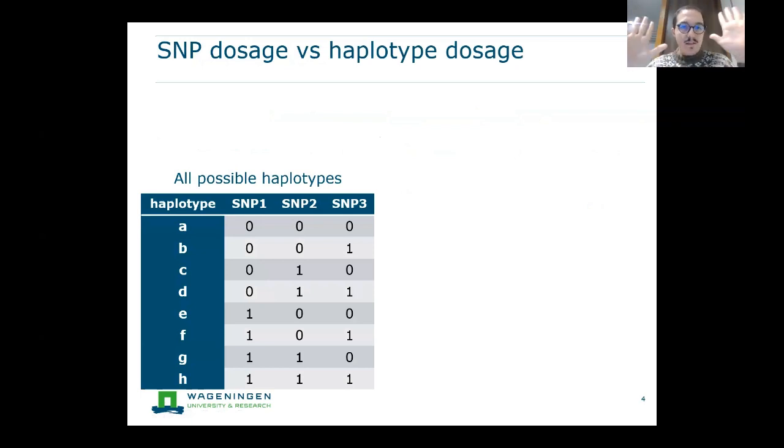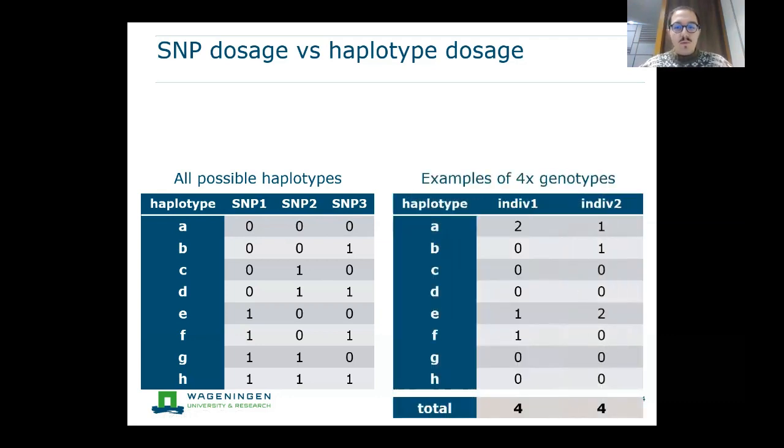So let me tell you a bit about the basic principle of Polyhaplotyper. It starts by looking at a group of SNPs, and let us imagine that we have 3 SNPs. In these 3 SNPs, there's a total of 8 possible combinations of states of these SNPs that make 8 possible haplotypes. But when we look at the genotypes, we don't observe the haplotypes. What we observe are the dosages, but we can imagine that there are 2 individuals that have some number of these haplotypes.